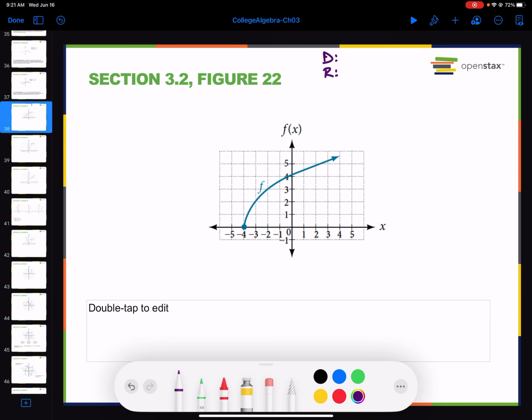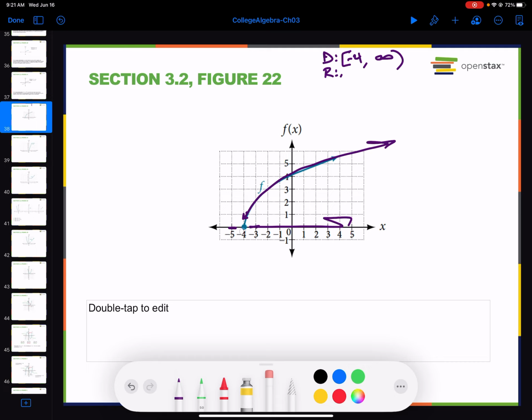And now here, I believe we're being asked to find the domain and range of this one. Our domain is going to be including -4 to infinity. You can see it's got the arrow indicating that it goes on forever. And then our range is going to be from 0, and it's inclusive.